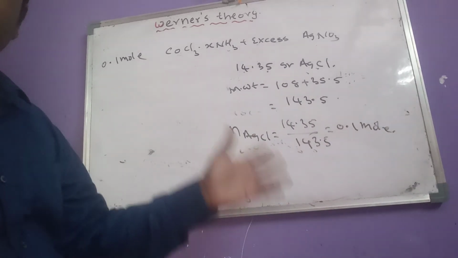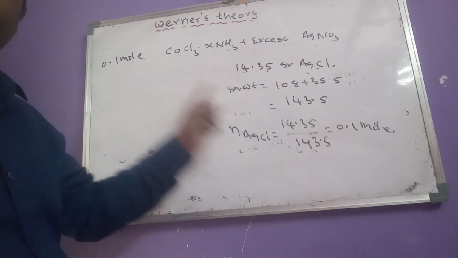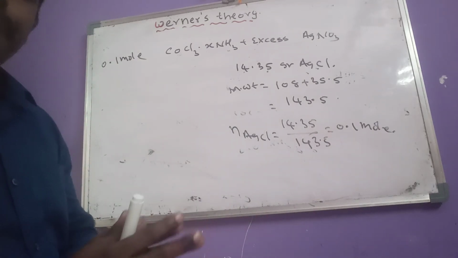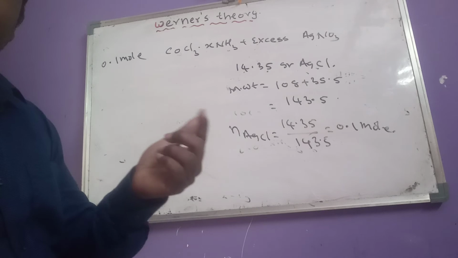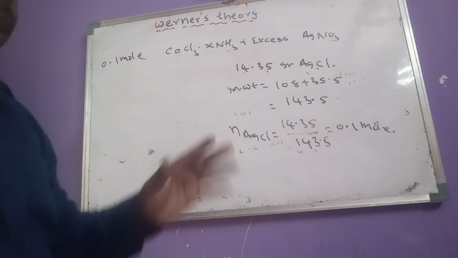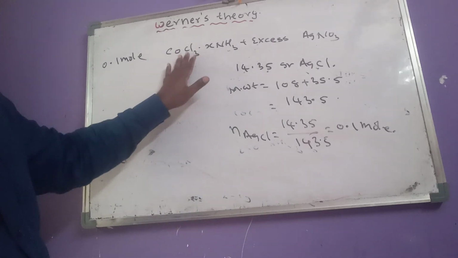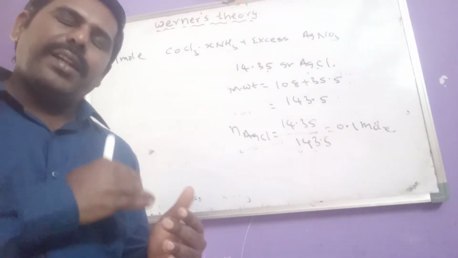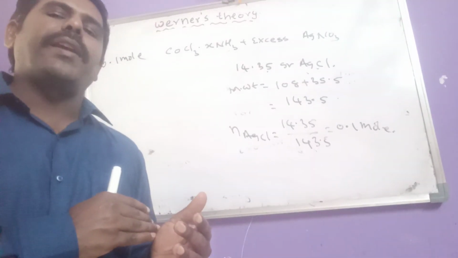Just multiply by a factor of 10. 1 mole giving 1 mole of AgCl indicates that 1 chloride ion is present in the ionization sphere out of the 3 chloride ions. That means 2 chloride ions entered the coordination sphere.